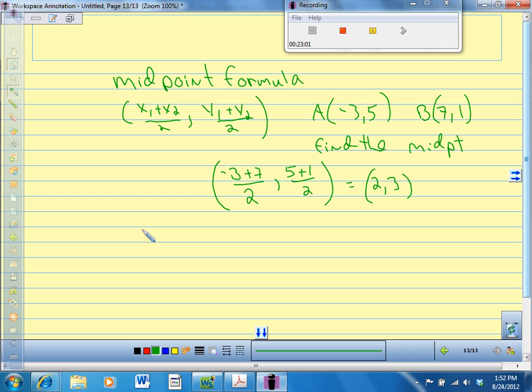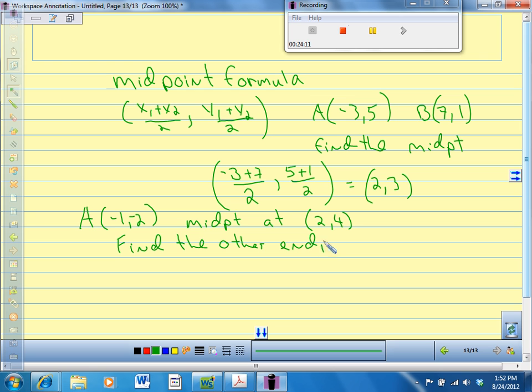And that is the type of problem which says you have one endpoint, -1, -2, and this is point A, and you have a midpoint at 2, comma 4, and they say something like, find the other endpoint.